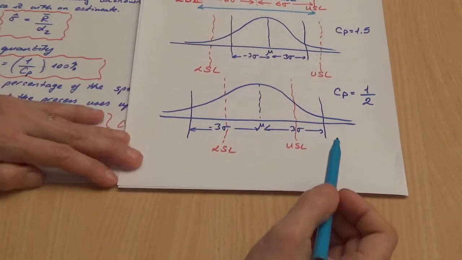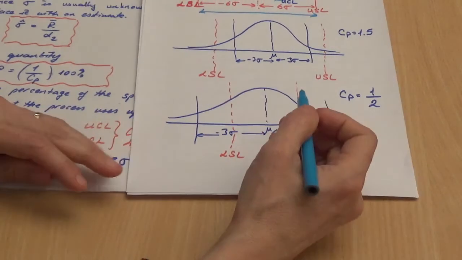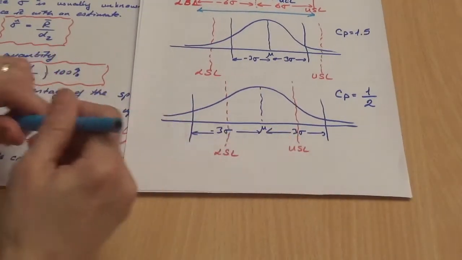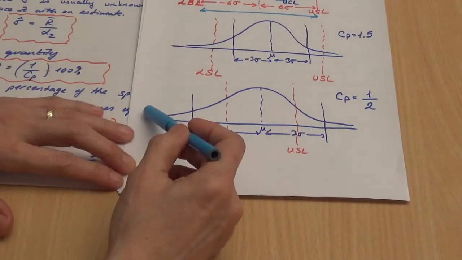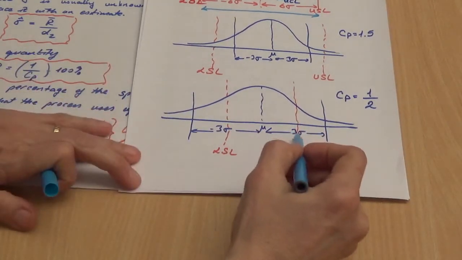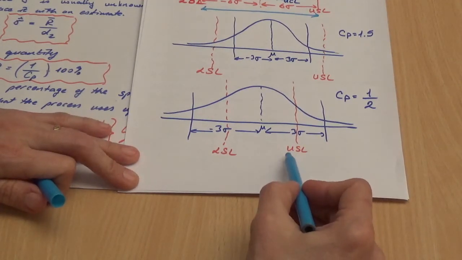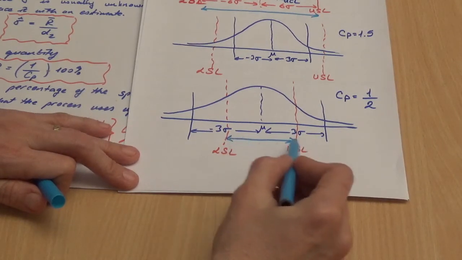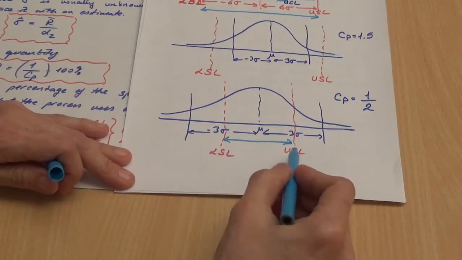For this production, the specification limits are so narrow or so close to the target, and we have a very bad production here because the standard deviations are so far away from the specification limit, where our customer would like to buy the products between this space between upper specification and lower specification limits.